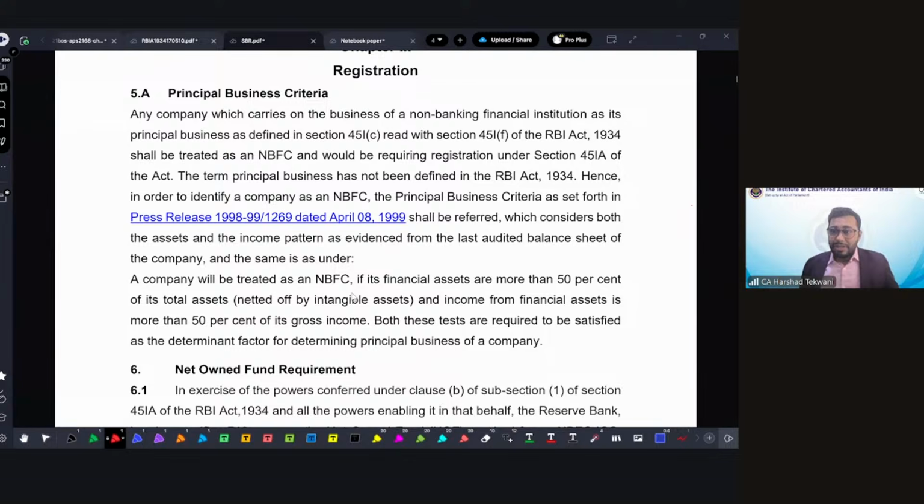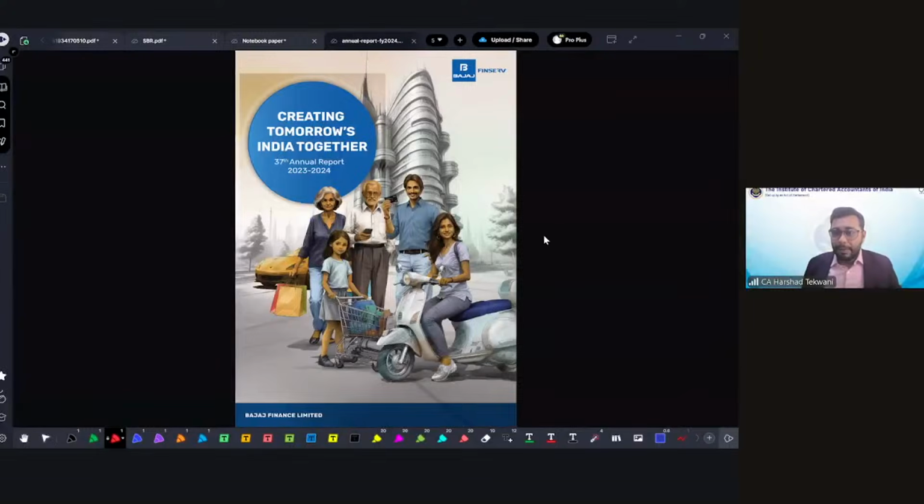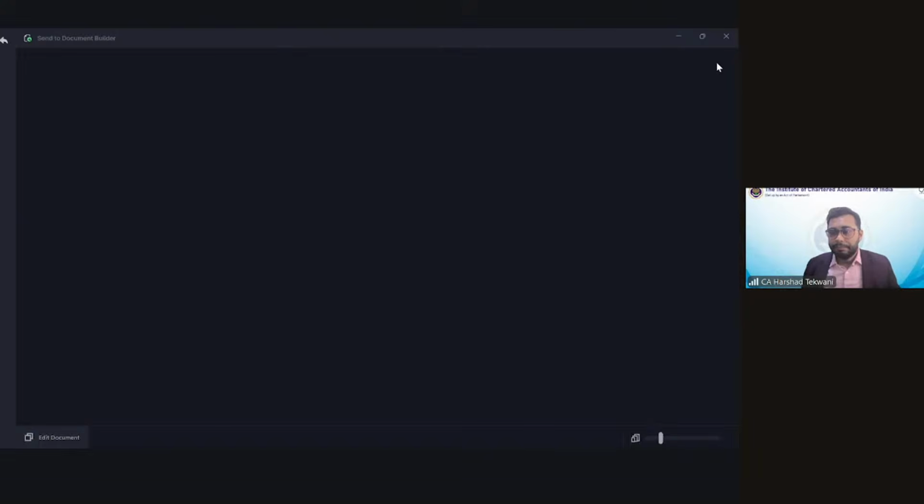But these financial statements, these annual reports will show you how the auditor is required to report on these critical matters or these critical things that we are understanding. Again, this is available in the public domain, so please do not focus on the name of the entity.